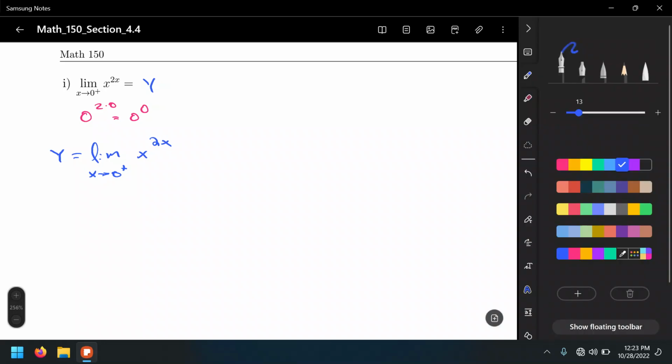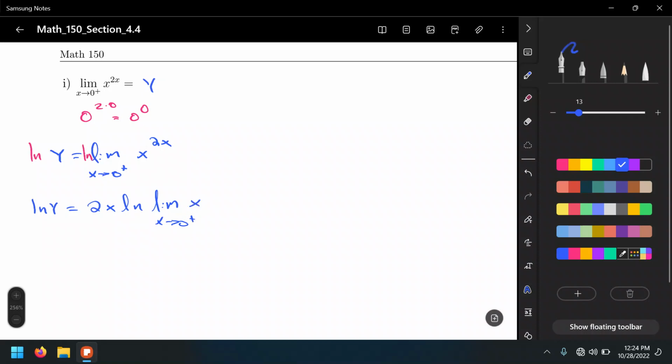And let's see. Let's take ln to both sides. That's going to leave us with ln of y equals, well, you can use the property of logarithms that the exponent becomes the coefficient, 2x times ln of the limit as x approaches 0 from the right of x.